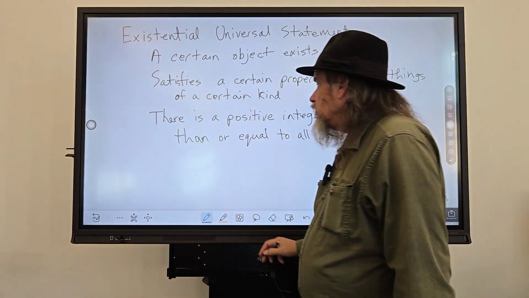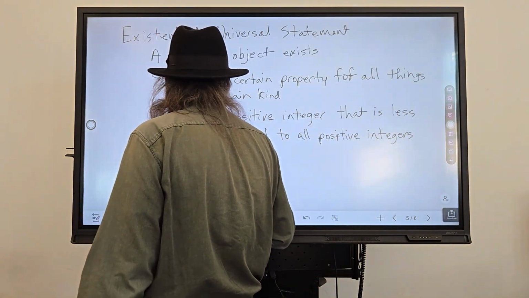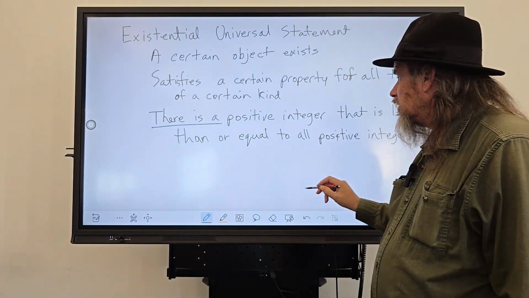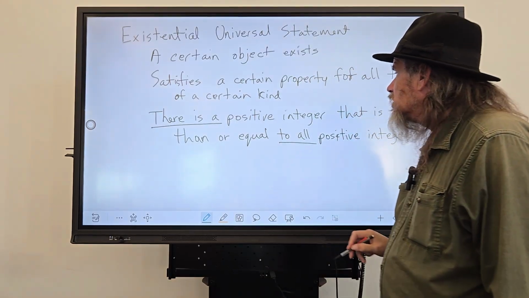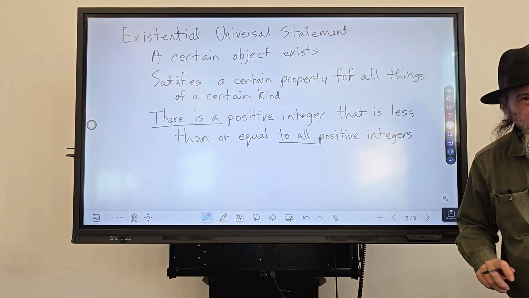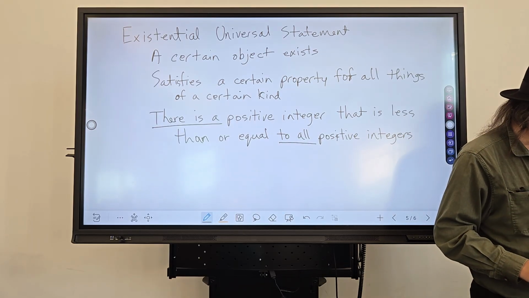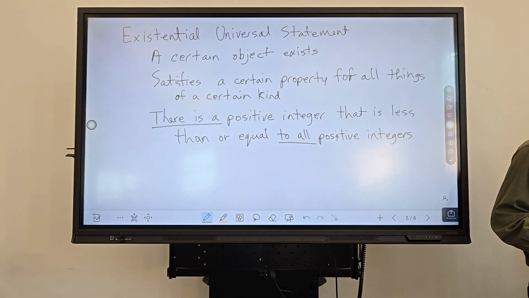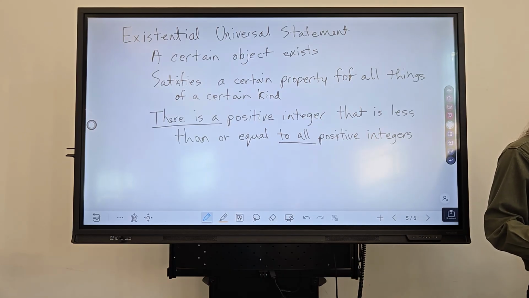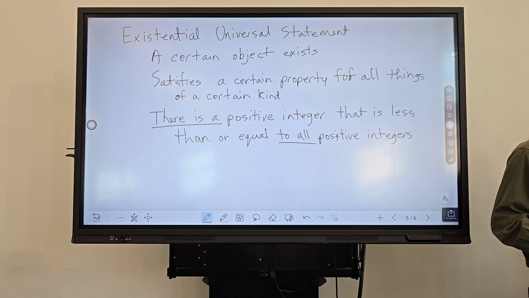But it is existential because there is a, universal, because it is to all. So it is an existential universal statement. A less formal way of saying it: some positive integer is less than or equal to every positive integer.